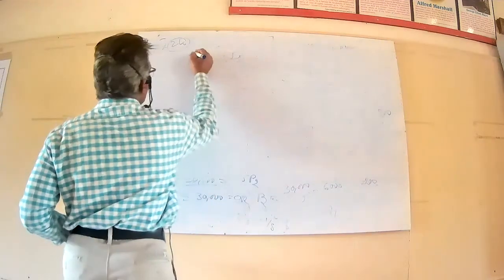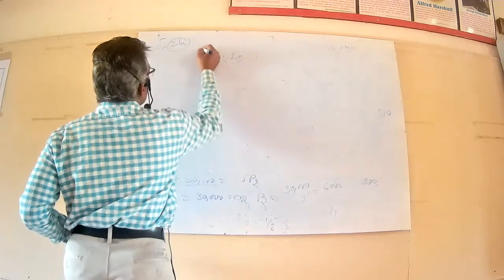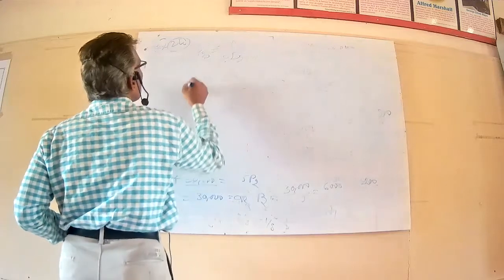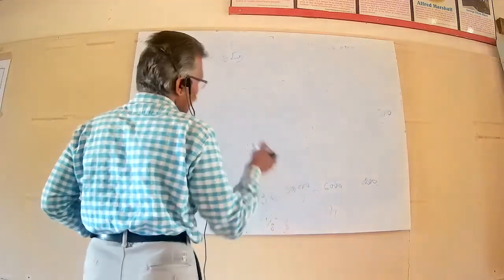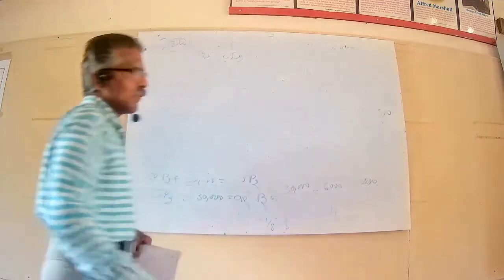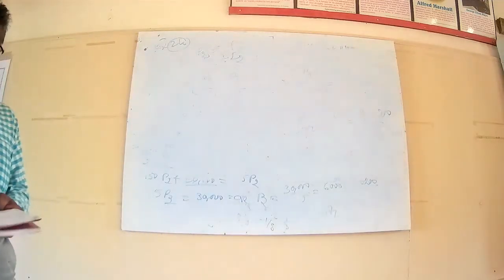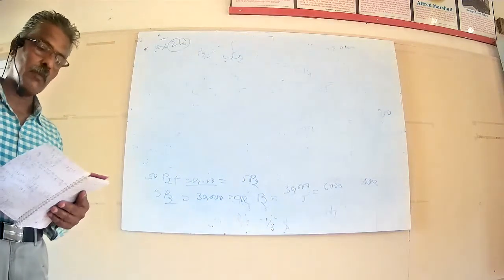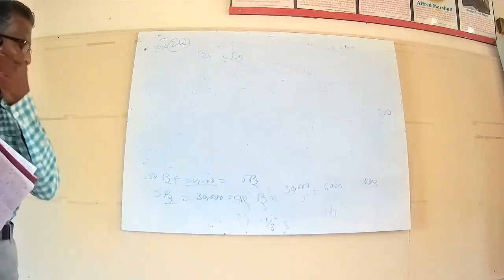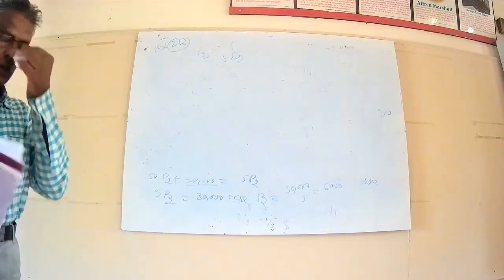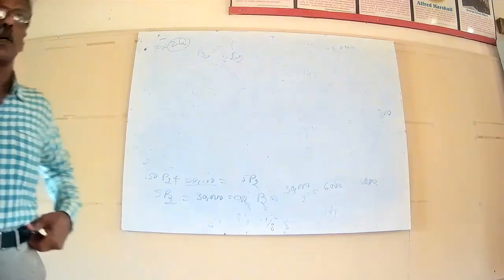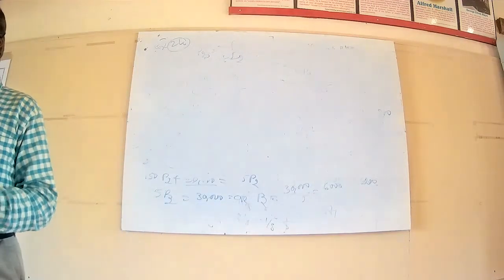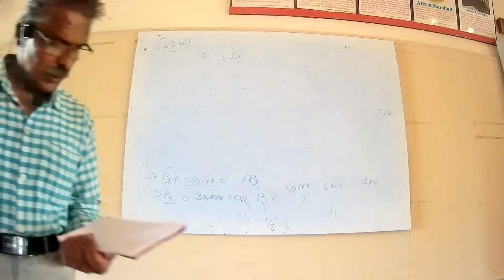Sorry, the marker is not writing, so I will say it orally. The smaller should be 6,000 and the larger is 200 more, so 6,200.